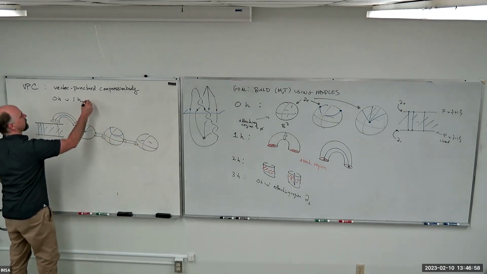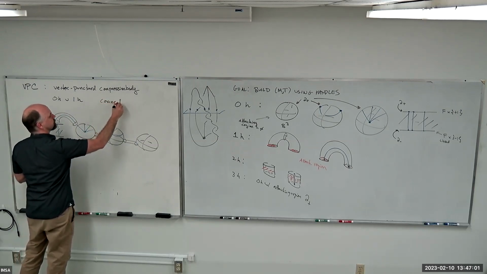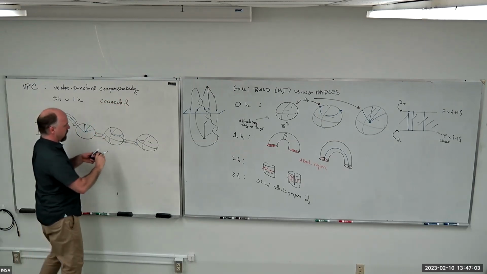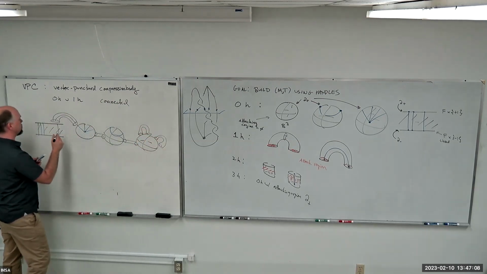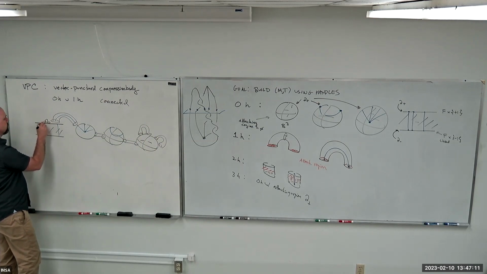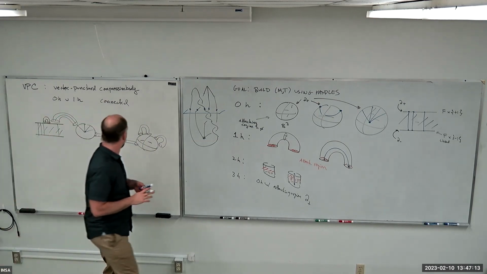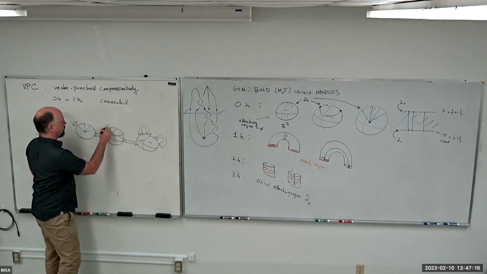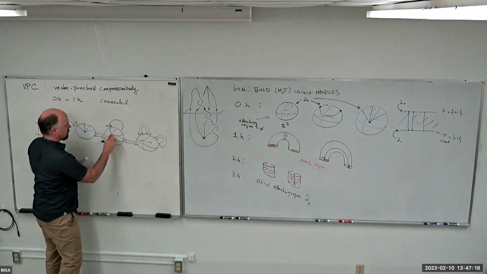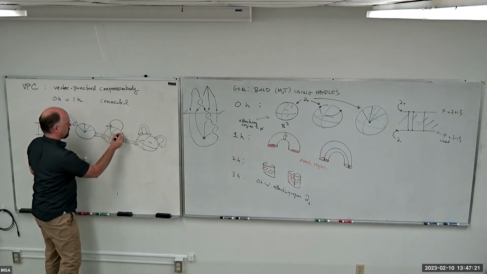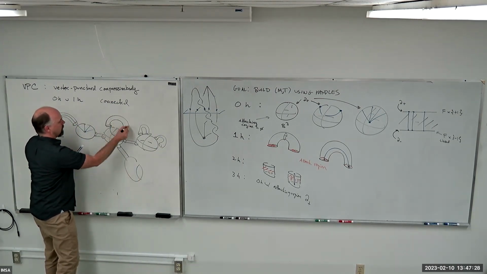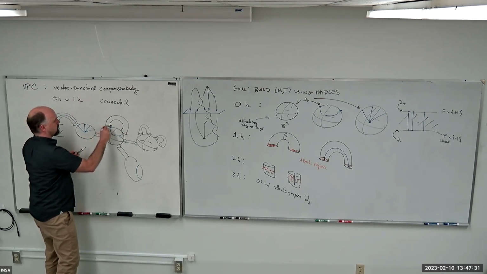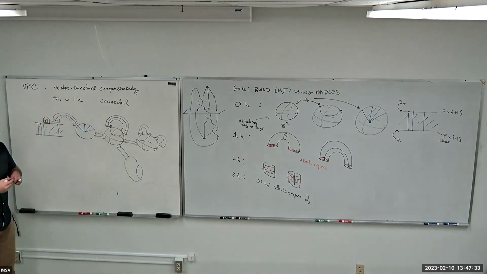My VPCs are always going to be connected. And then add some extra ones on to drive up the genus. I could even do that here. So if I attach one handle like this, you notice you get a closed loop.